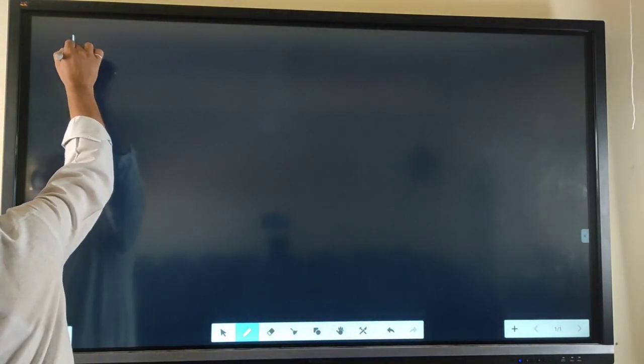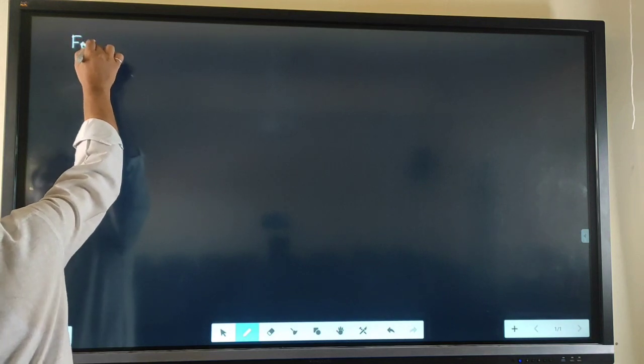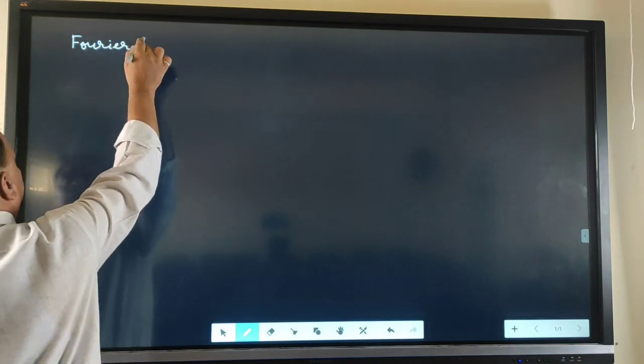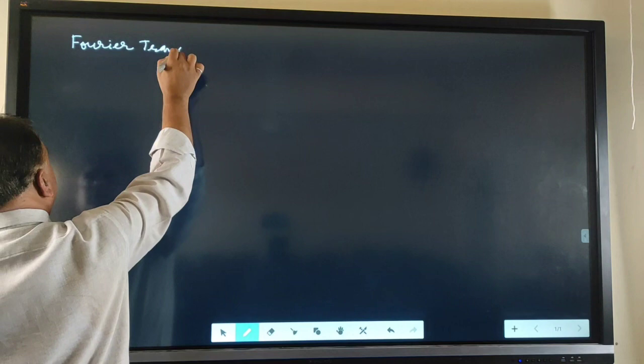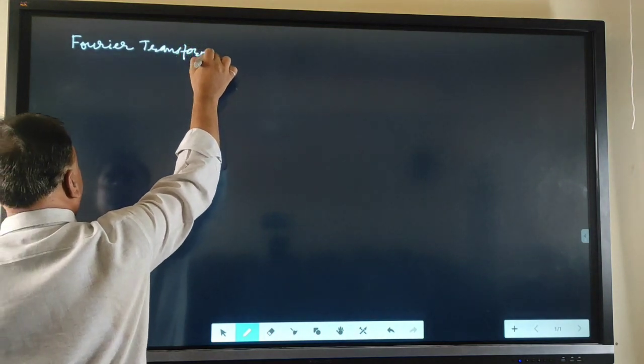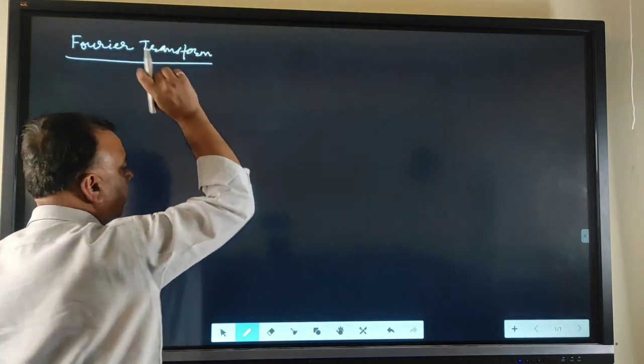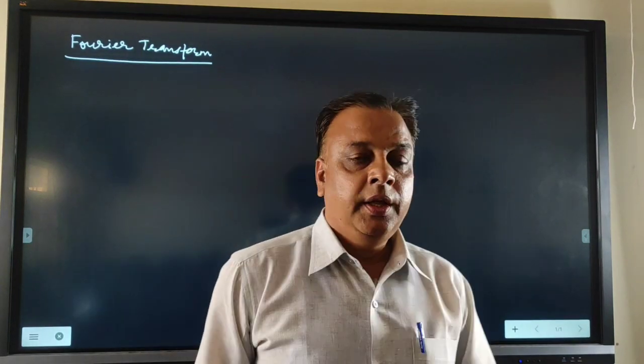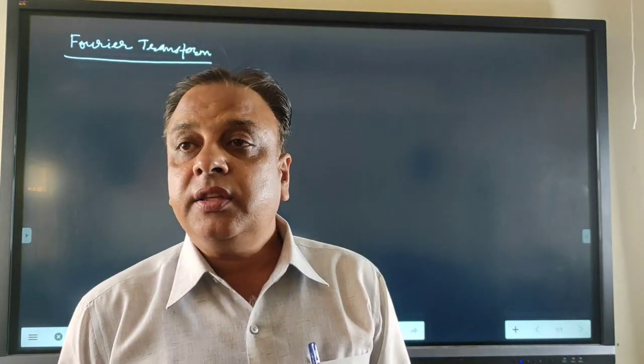So today we will discuss Fourier transformations or Fourier transform. There are three types of Fourier transformations or Fourier transforms.